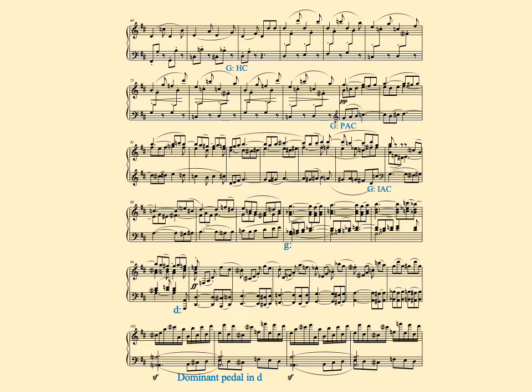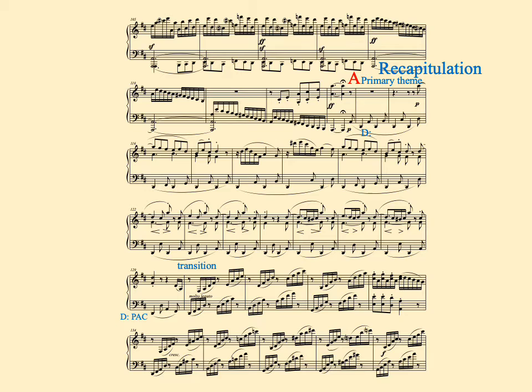Drifting through all these keys. G minor, and here's D minor, and here's the closing theme upside down. Notice all the A, the dominant pedal, what we expect at the end of a development section in the sonata form in D.